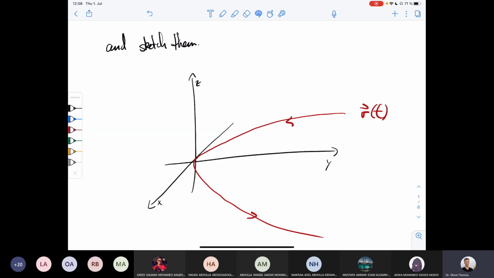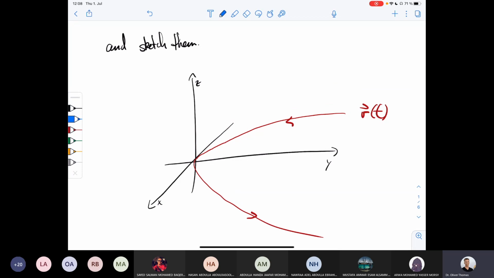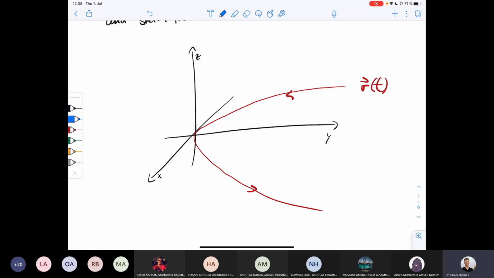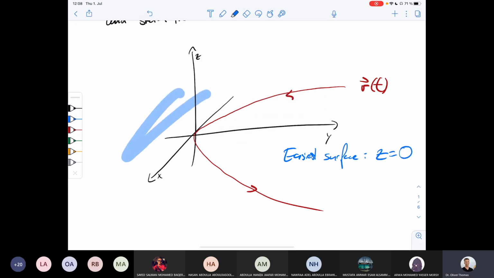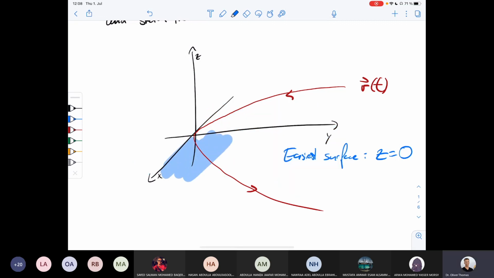So actually, let's look at this one. The easiest surface is just the one that is given by z equal to 0, which is the whole, maybe let's just color this.